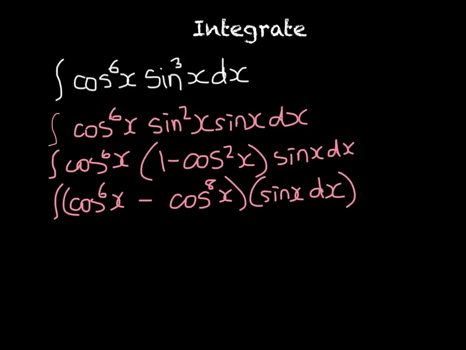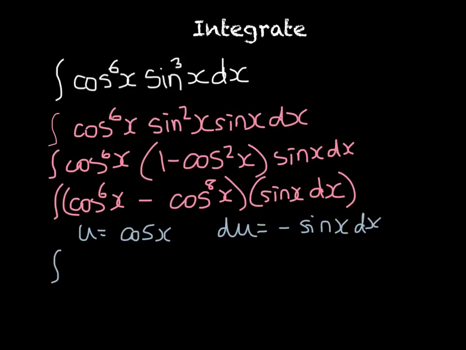At this point, we can just say u equals cosine x, du equals negative sine x dx. So our integral becomes the integral of u to the 6th minus u to the 8th times negative du.